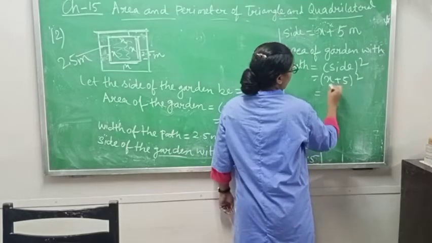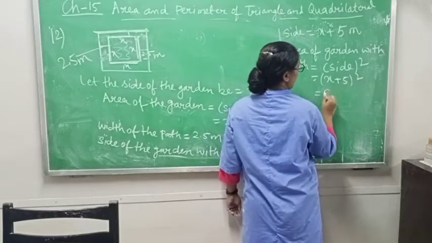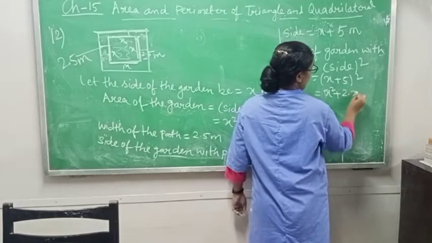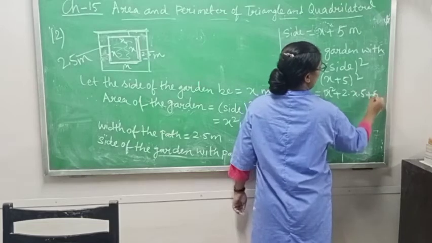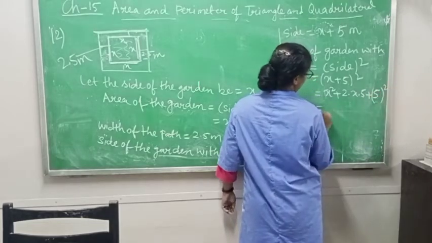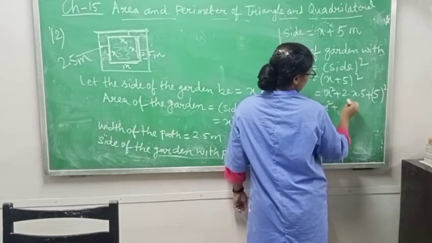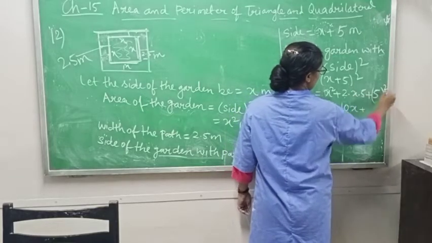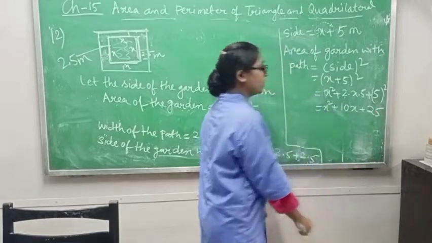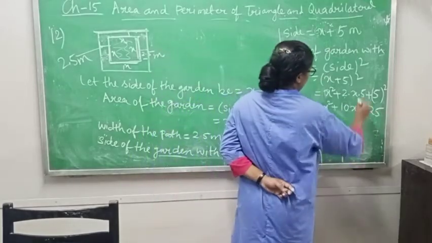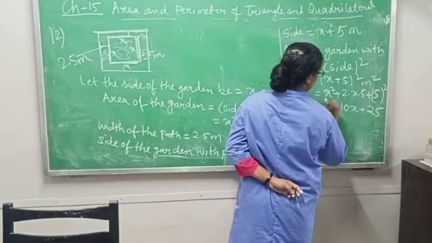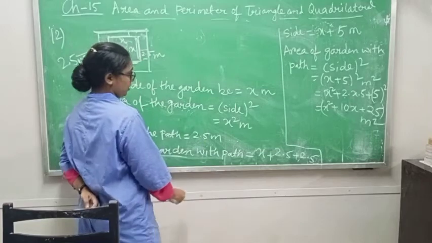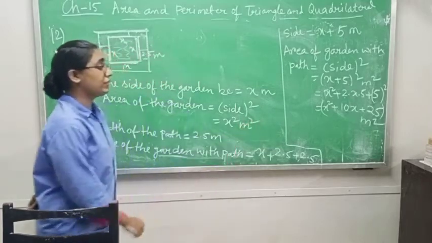The formula for a plus b whole square is a square plus 2ab plus b square, means 5 square. How much you will get? x square plus 2 5s are 10, 10x, 5 square will give you 25. Understood up to here, class 9? Write meter square here, write meter square here also, because we are finding area.